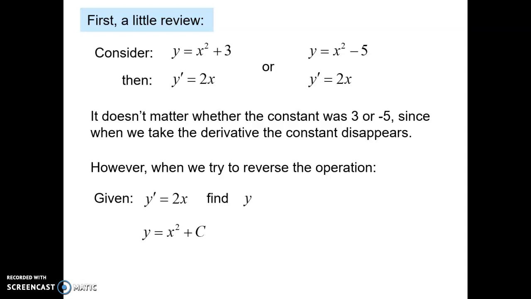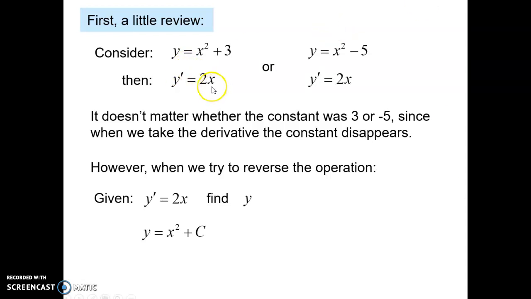So our given antiderivative, this is called the general antiderivative, is actually the family of functions that all look alike. They are x squared plus perhaps some constant c.